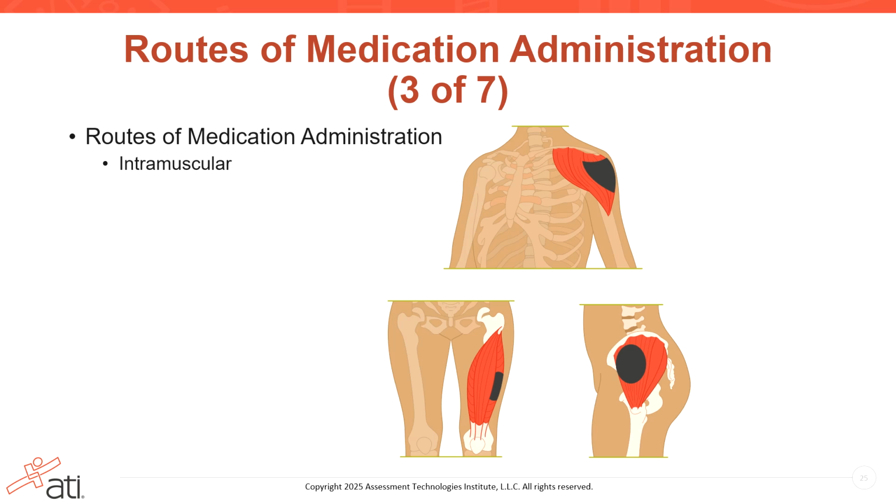It doesn't have to go through the stomach and be dissolved and absorbed and things like that. However, there are some risks with it. Number one, for some people, it's very painful, especially if we're looking at some type of antibiotic shot that is painful. The other thing is we could cause a little hematoma there, or we could hit a nerve and cause some injury.